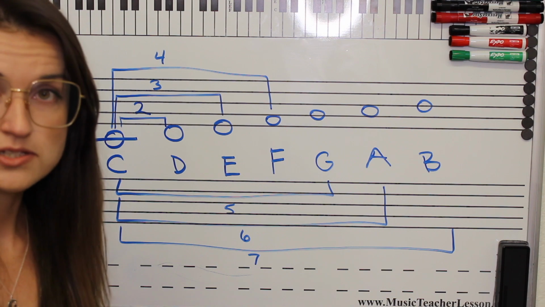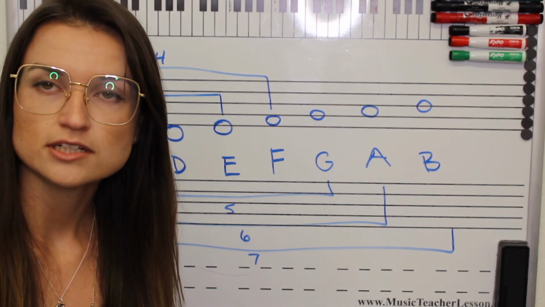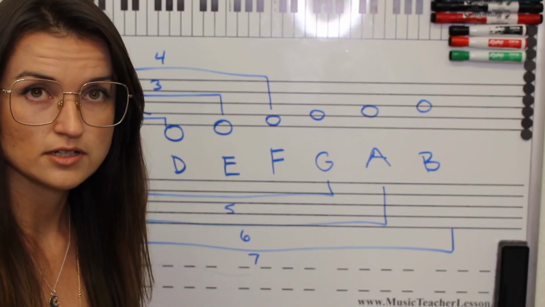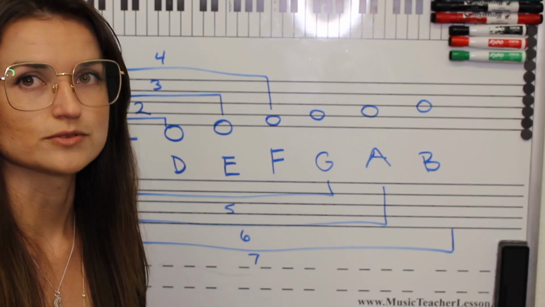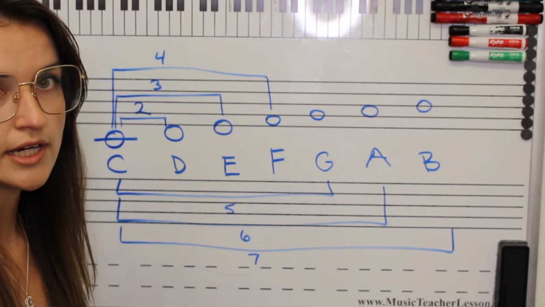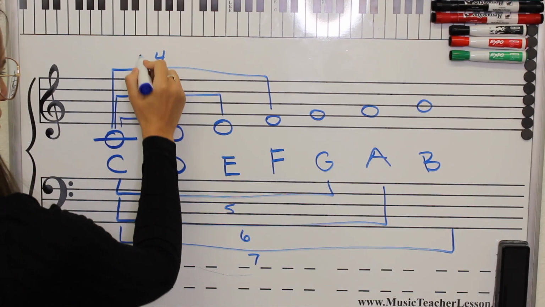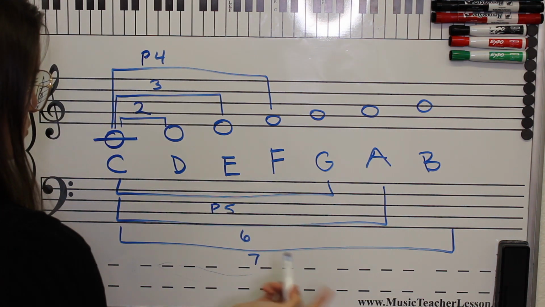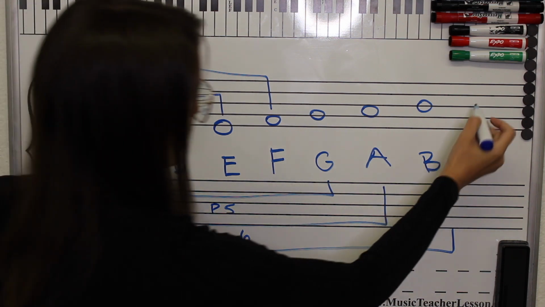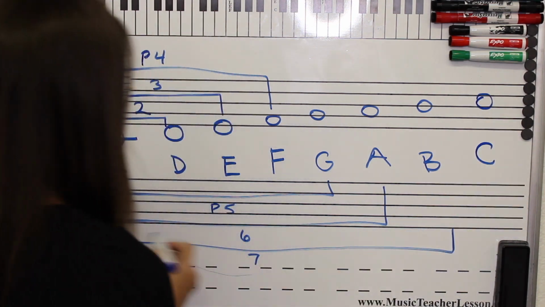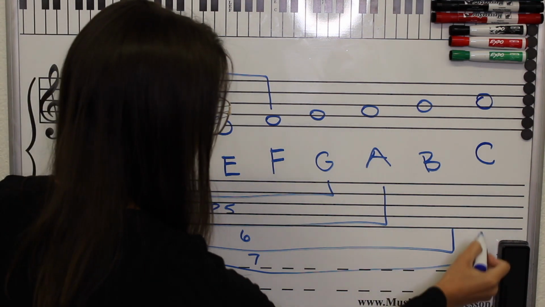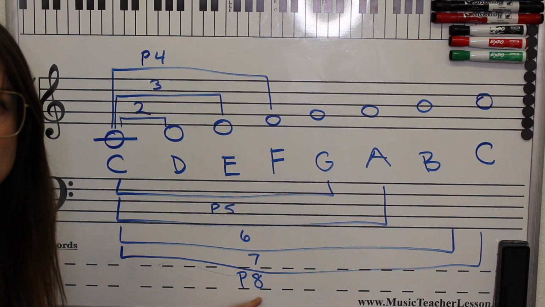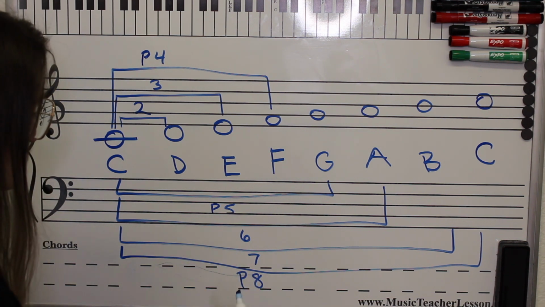Now, in classical theory, the major fourth, the major fifth, and the major octave are called perfect intervals. So we are going to put a P before the 4, before the 5, and before the octave, which we don't have, but we'll go ahead and draw it in here. C is the 8, so P8. Now, the rest of them are major.